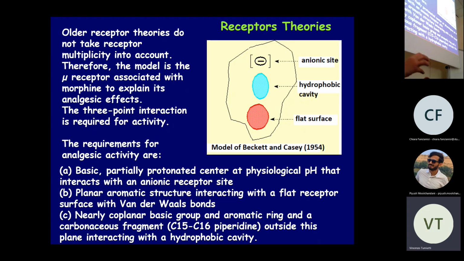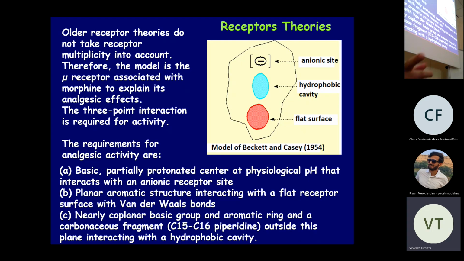Then we have seen a chain, a B ring, an aliphatic area, so it is necessary a hydrophobic cavity. And finally, we have seen the presence of an aromatic ring, a flat ring, so it is necessary a flat surface able to interact with the aromatic ring by pi-pi interaction, van der Waals, what you want.